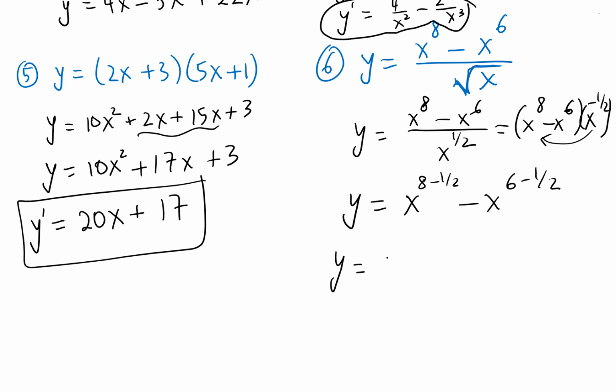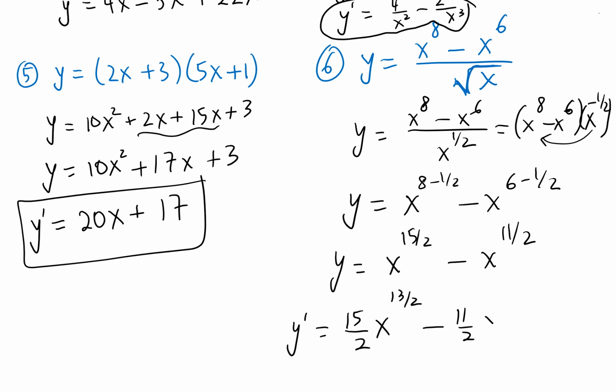For this one, further steps of algebra or arithmetic here, 8 minus a half, 15 halves, 11 halves. Then y prime is 15 over 2 x, subtract 1 from the 15 halves, becomes 13 halves. 11 over 2, 9 halves.